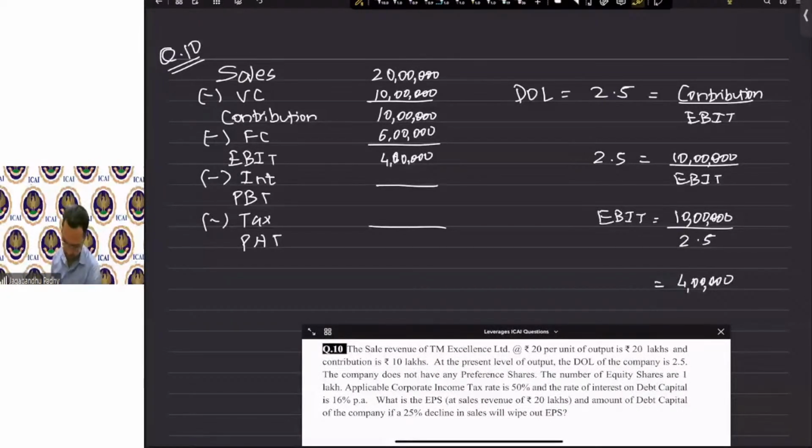Subtract the interest. Rate of interest on debt capital is 16%. We do not have the amount of debt given in the question. But number of equity shares is given as 1 lakh. Applicable corporate income tax rate is 50%. The rate of interest is 16%. What is the EPS and the amount of debt, if 25% decline in sales will wipe out EPS?